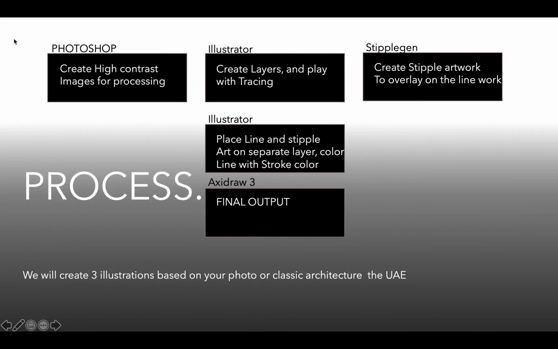Here's the workflow. We're using Photoshop to make our grayscale images for processing, and this is something that's very important. We think that we're working with color, but since we're working with a pen plotter that uses pens, in only one color, the pen plotter thinks everything's black and white, or actually just thinks it's lines.